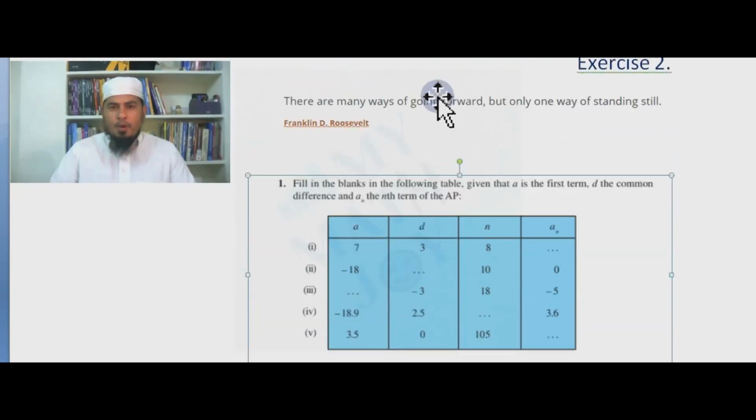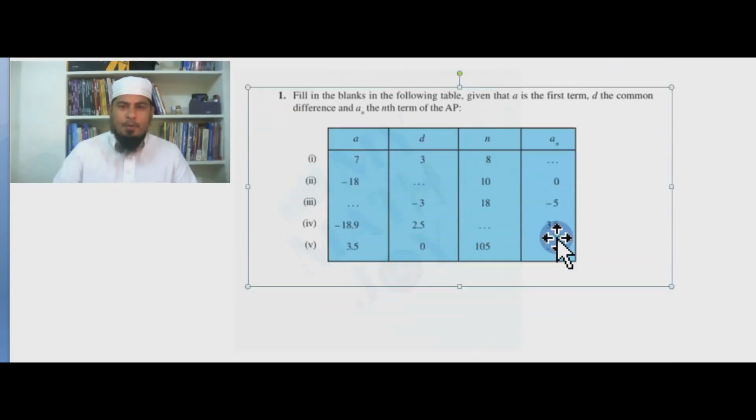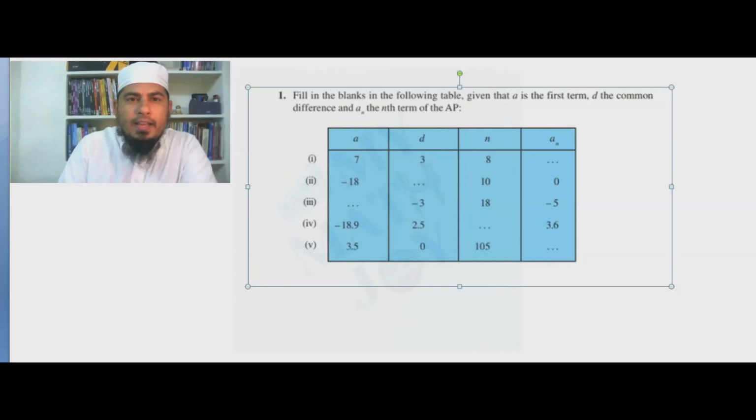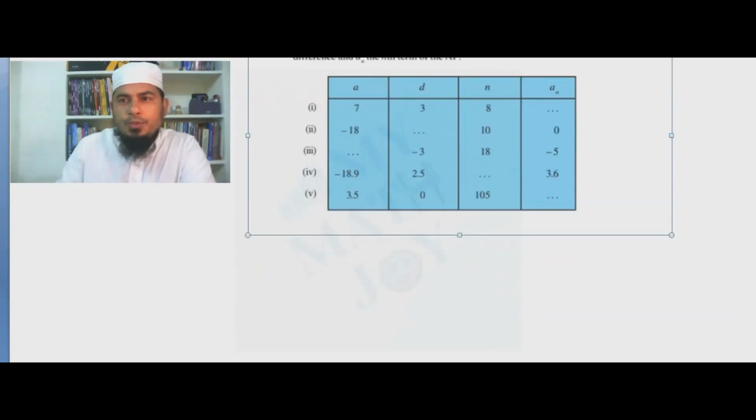Whenever any one among these 4 is missing, it can be found by transposing. So I'll do the problems, you also do your problems, and cross-check by pausing the video. So let's go. I take my pen now, you also take your book.